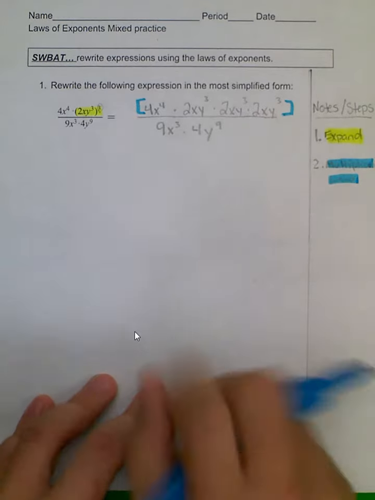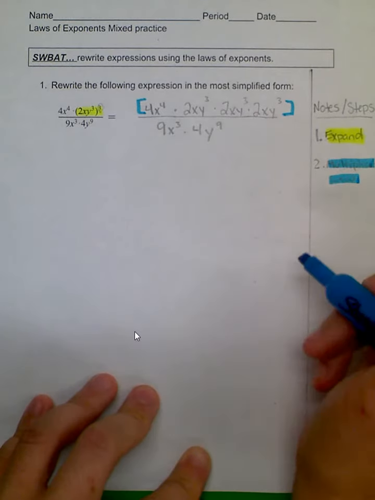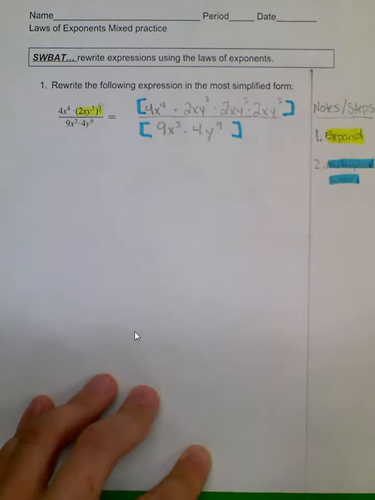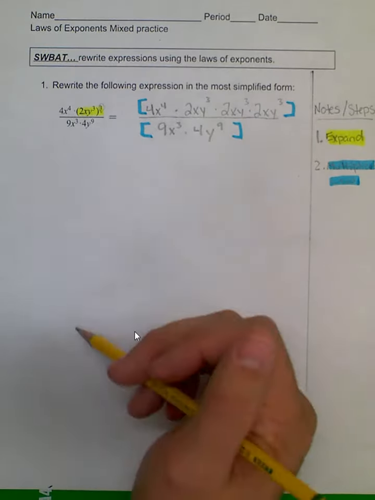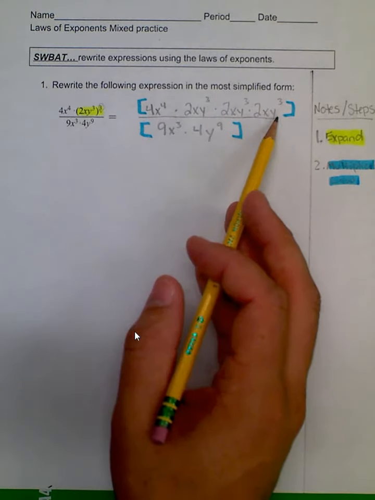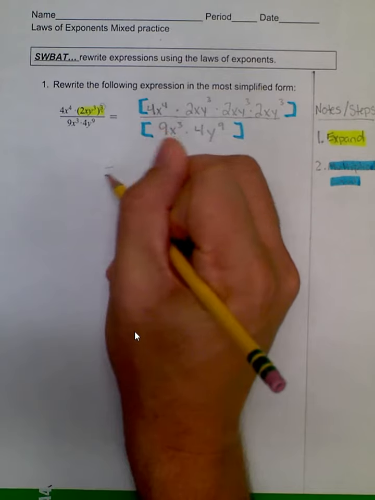So I'm going to use the multiplication law on top, on the numerator, as well as there's multiplication in the denominator, so I'm going to have to use it there as well. And I'm going to use our famous property in math, which is the commutative property. And the commutative property is going to allow me to rearrange the top of my fraction and then eventually the bottom. So I'm going to bring this equal sign down.